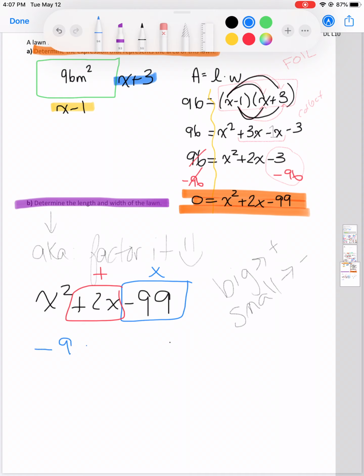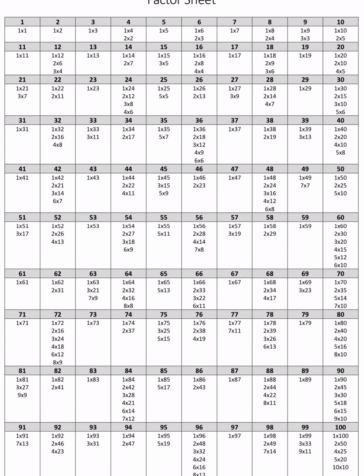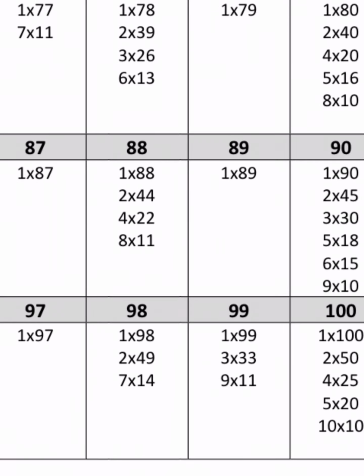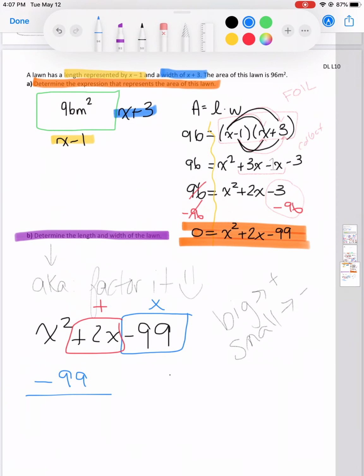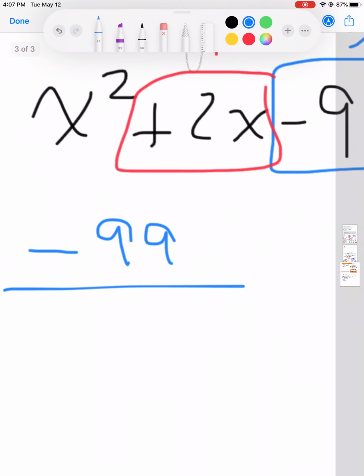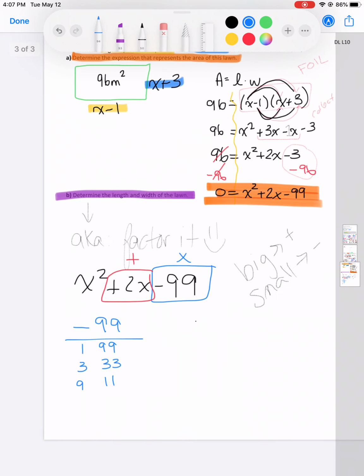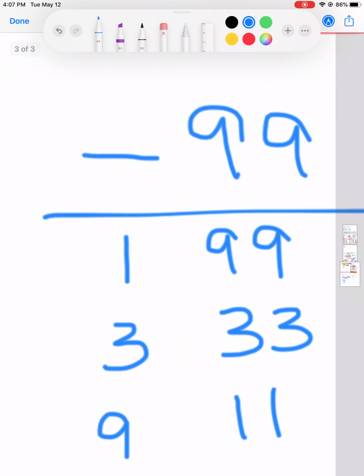Multiples of negative 99. There isn't many. Told you. 1 and 99, 3 and 33, and 9 and 11. Go to our note. The bigger number is positive. The smaller number is negative.